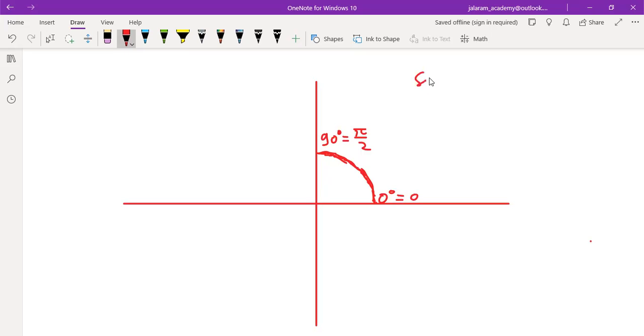And remember, all the 6 trigonometric ratios are positive in this quadrant.